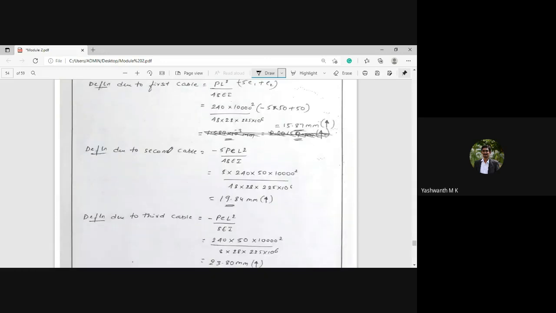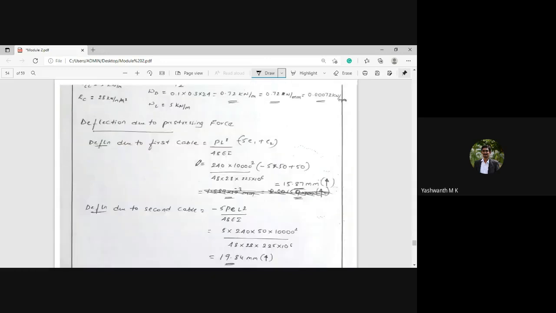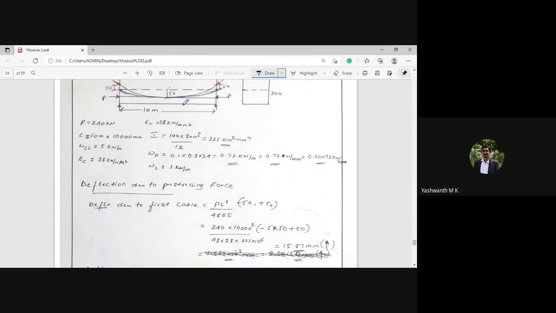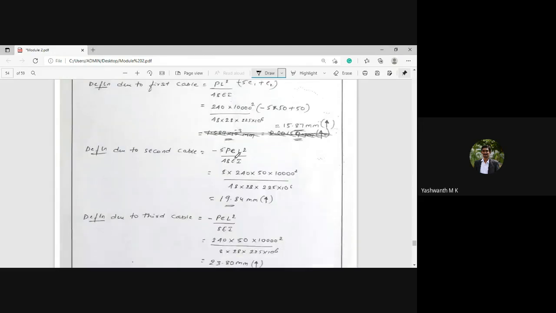Next, deflection due to the second cable. The second cable is also parabolic, but the midspan eccentricity is 50 mm and the support eccentricity is 0. For this, the formula will be minus 5 PEL square by 48 EI.